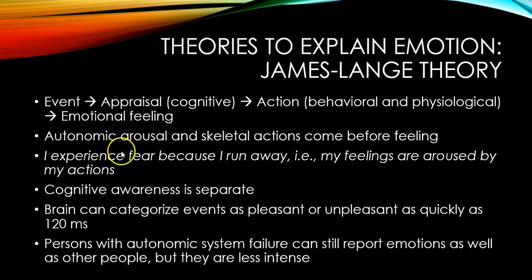So it's the autonomic arousal and your actions, like running away, that comes before your emotional feeling. So you experience fear because you run away. Your feelings are aroused or caused by your actions. All right, and the cognitive awareness is separate.